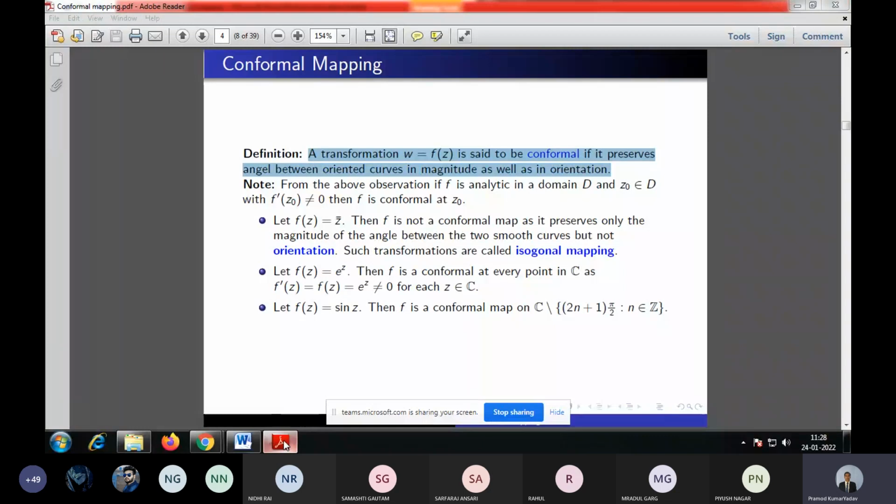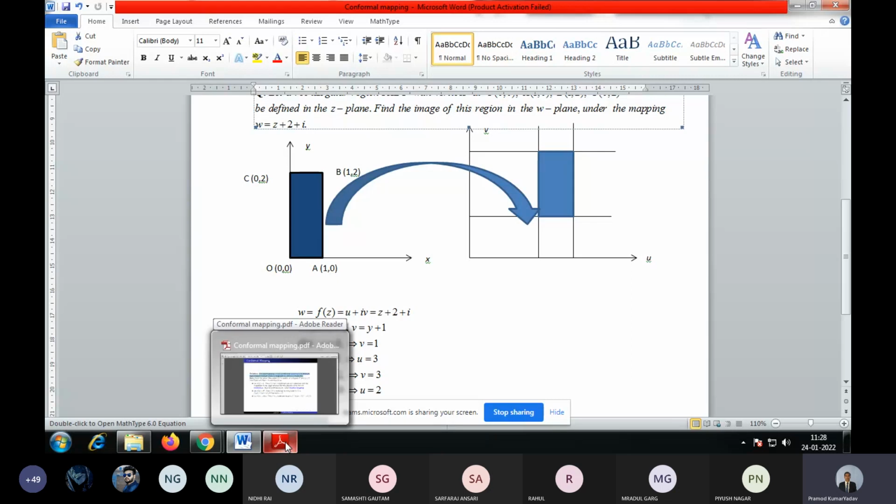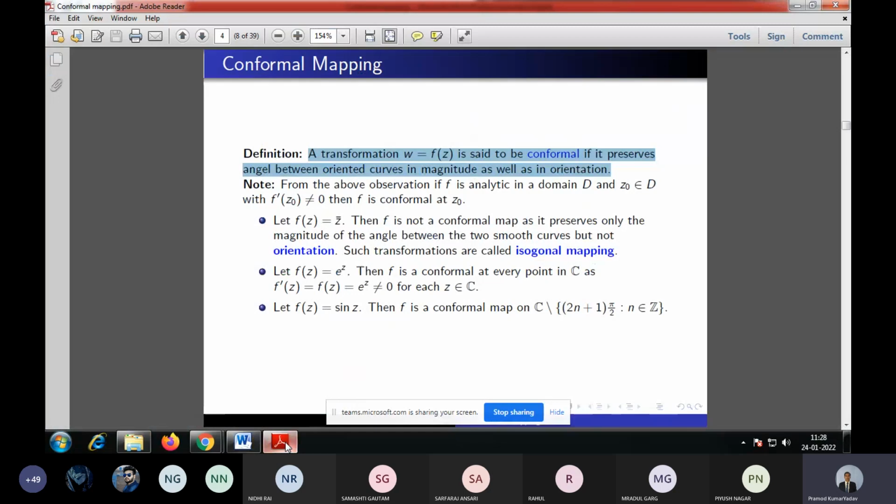So in the example I have given here, W equal to z plus 2 plus i, this transformation of the image from the Z plane to the W plane is a conformal mapping. Now, if anyone has any doubts regarding the definition of conformal mapping, then you may ask a question, please.